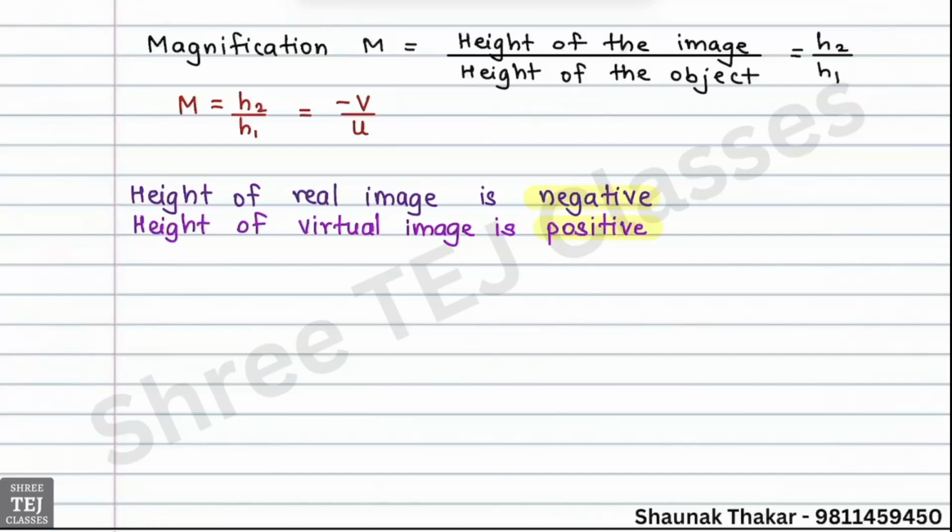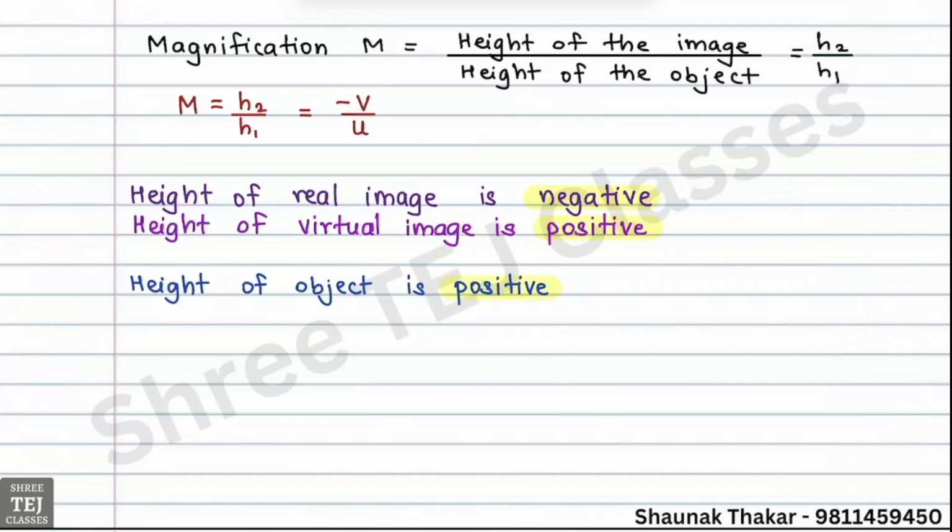What about the object? Object is always kept upright above the principal axis. Hence, height of object is positive. Height of object is positive.